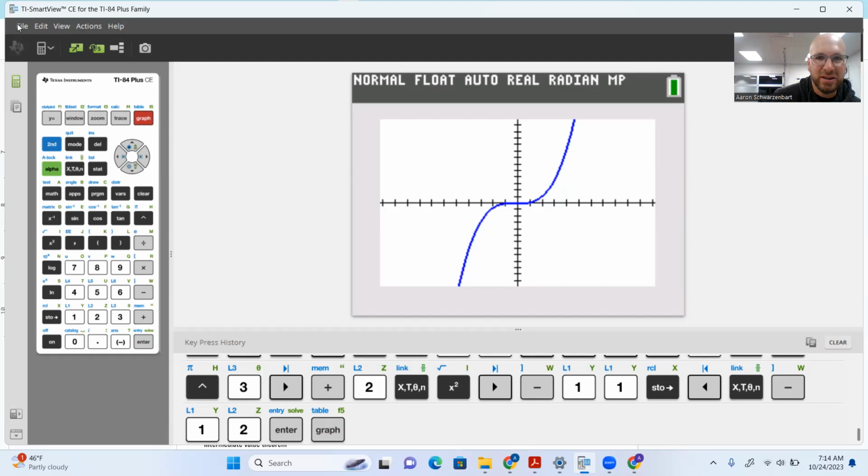And I don't need to be more zoomed in. Limit, as this one was f of x, so x approaches negative infinity of f of x. I can see that it's going down over here. So that's negative infinity. And I can see that it's going up over here, positive infinity.